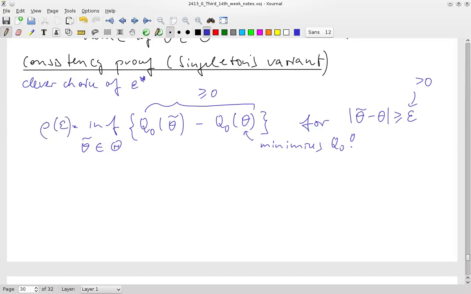This infimum obviously depends on my choice of epsilon. Okay, so I call it rho of epsilon. A rho of epsilon is some small value that is bigger than 0.